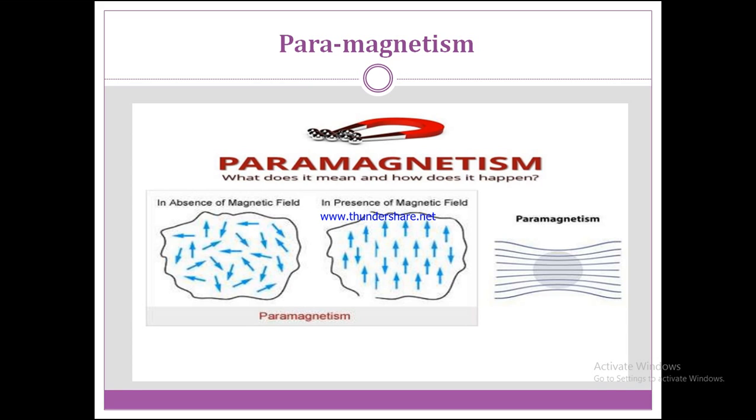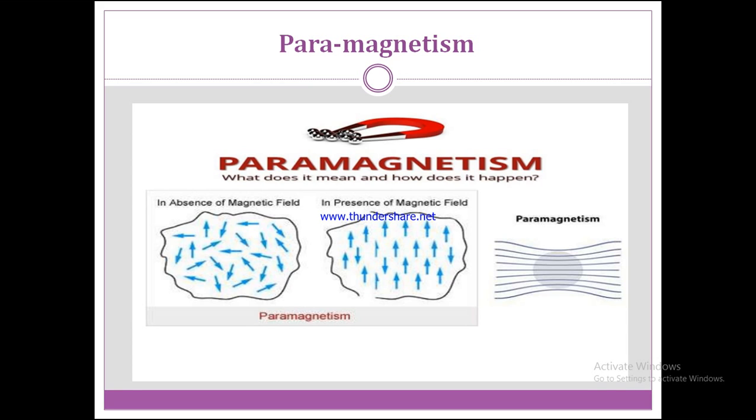Now, these are some properties of paramagnetic material. It is slightly stronger, meaning when an external field is applied to the dipoles, they line up with the field, resulting in a positive magnetization.